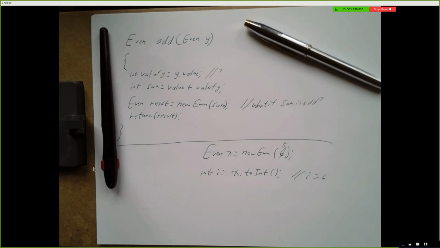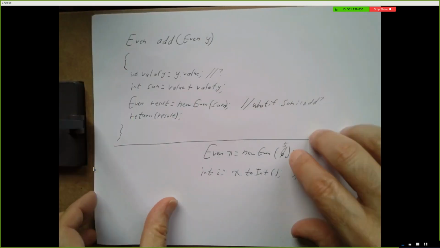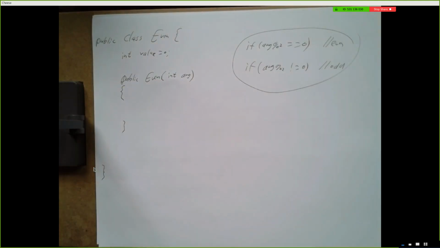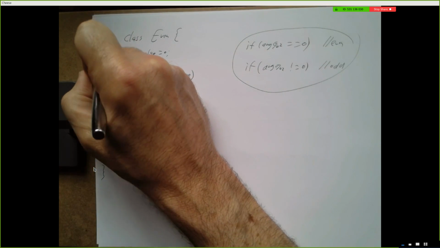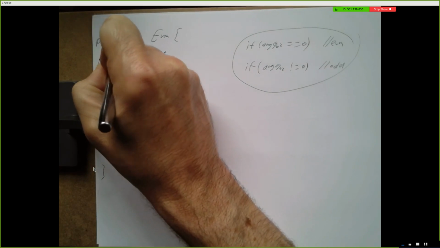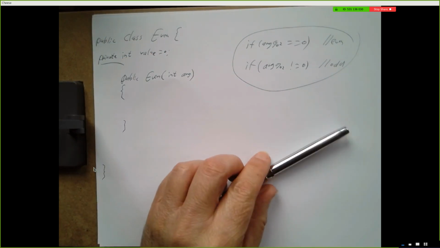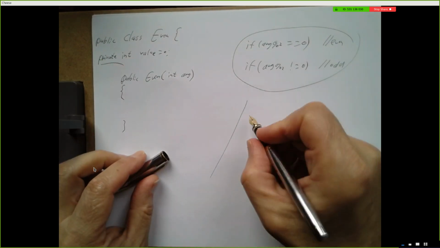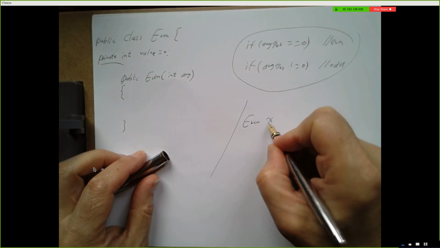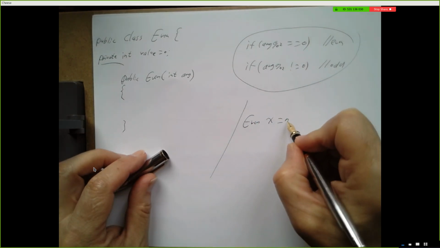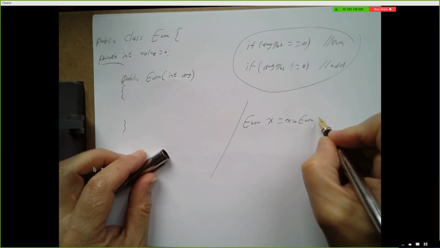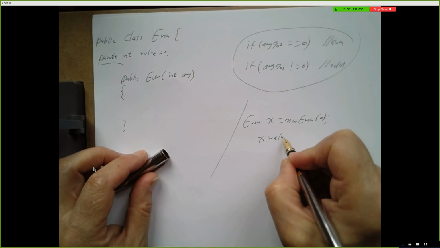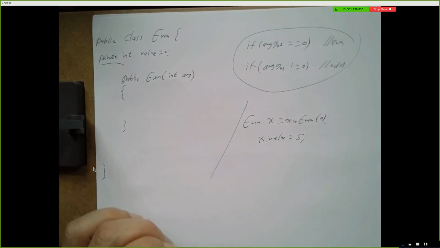Okay, why do we have a toInt? Because when we define our even class, we want to make this private. Why do we want to make it private? Because if this is not private, somebody can do the following. Even x equals new even, and then they could say x.value equals 5.